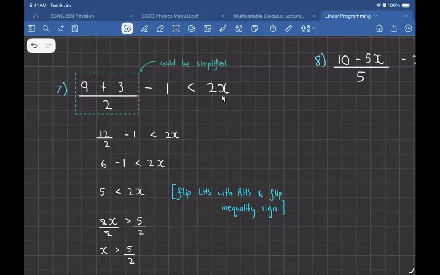All right. Are you all finished copying down question 7? Yes, sir. Okay, I'll move on to question 8 then.